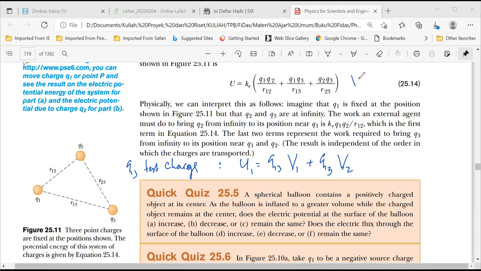This V1 here is equal to k Q1 over r1, and V2 is k Q2 over r2. This is for U1, if Q3 is a test charge.